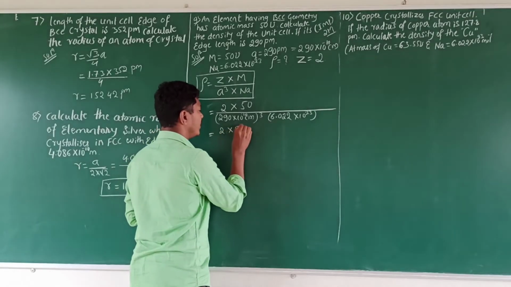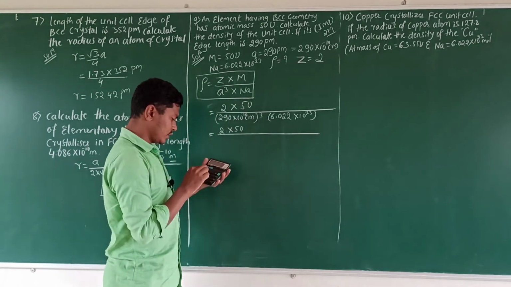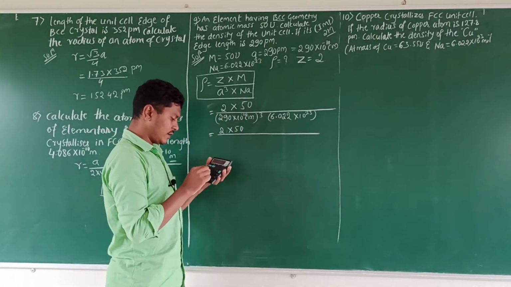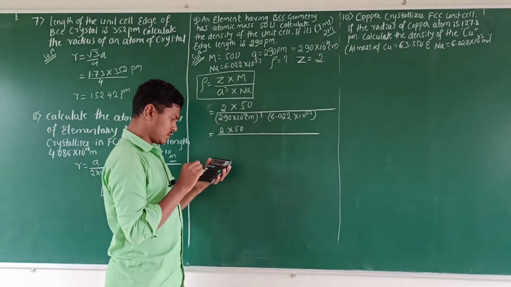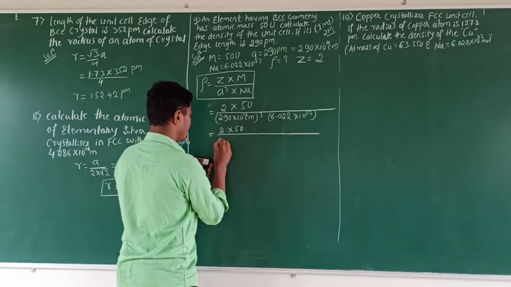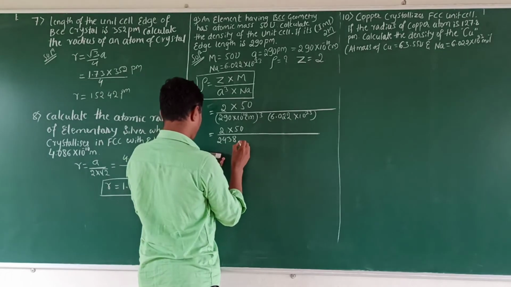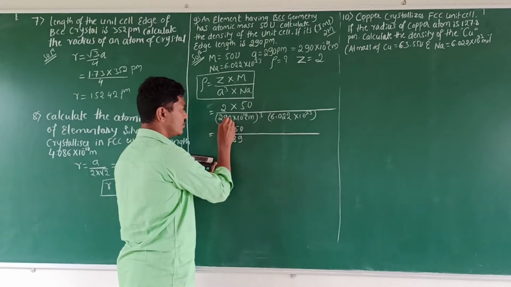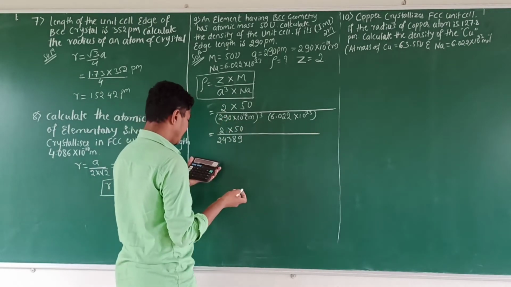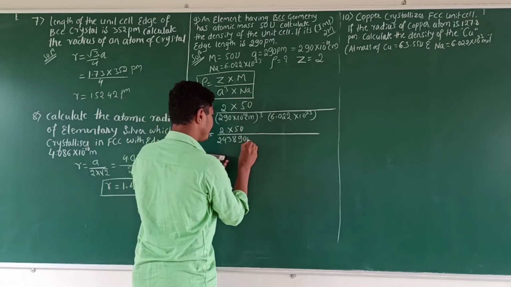2 into 50 divided by, okay, I have to calculate 290 into 290 into 290. Its value is 24389, its multiplication of 3 times. This value is multiplied 3 times: 24389000.